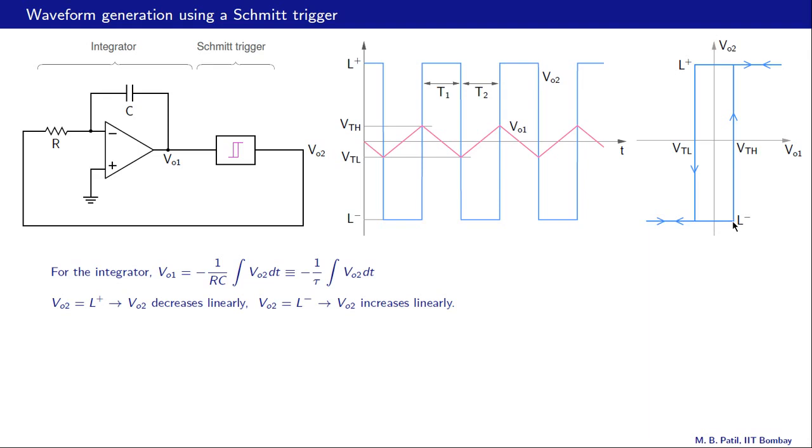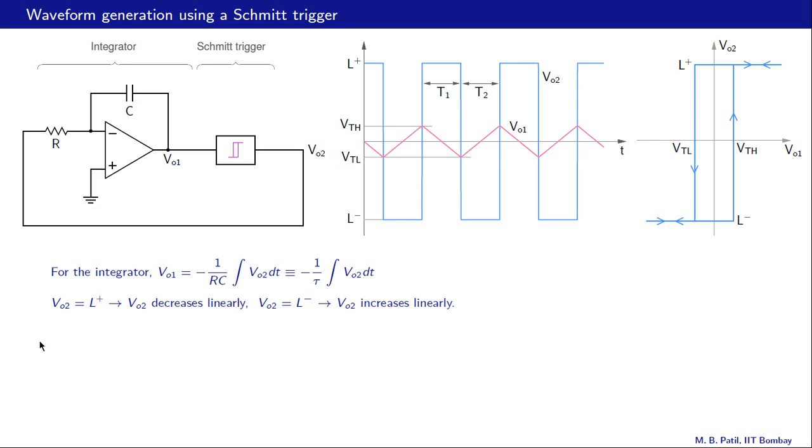And now when we cross VTH, VO2 will change once again from negative to positive. So that is what happens at this point. VO2 changes from L minus to L plus, and this process keeps repeating, and that is how we get oscillations.